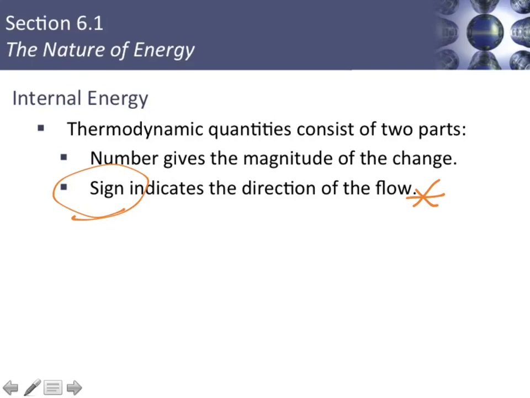So you have to have a sign. If it says that 200 joules was released, then don't tell me 200 joules. You've got to tell me that that is negative 200 joules. If you don't put a sign there, I'm going to assume you mean it's positive.